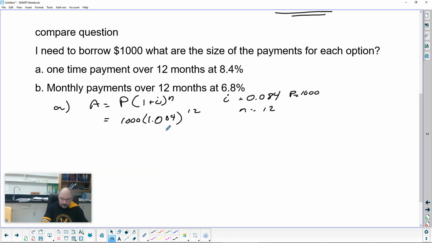Actually, it wouldn't be 12 because we're not doing it per month. It's a one-time payment. This would only be one. My mistake. We're not paying every month.